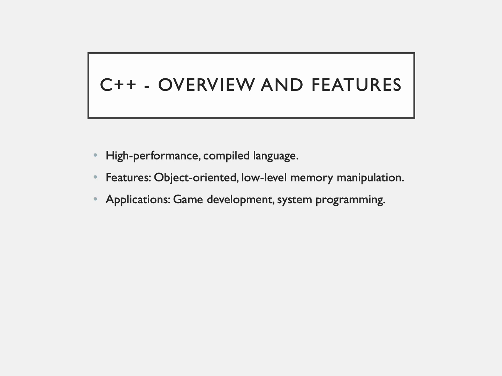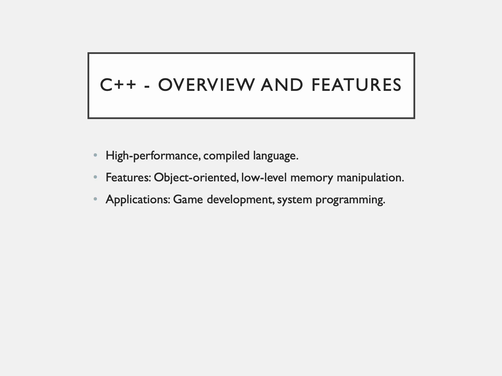Being a compiled language means that C++ code is converted directly into machine code, making it faster than interpreted languages like Python. This makes it ideal for performance critical applications.